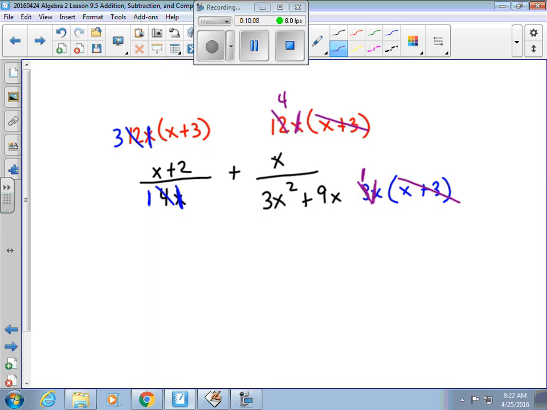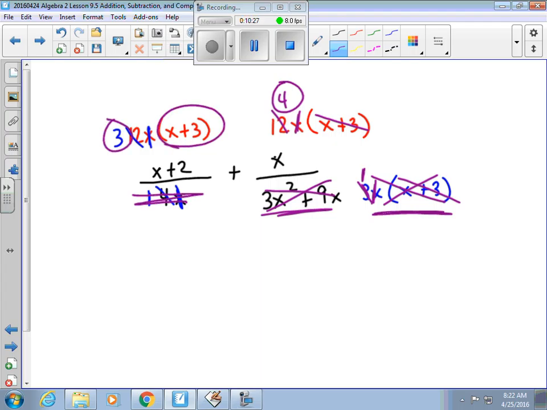So what we did, notice all of this is gone. That was this one's equivalent. So everything in this denominator is gone. The only thing that's left over is 4 on that side. Everything in this denominator is gone. You're left with 3 and x plus 3. I know I made a big old mess right here, but let's look at everything that's still there.